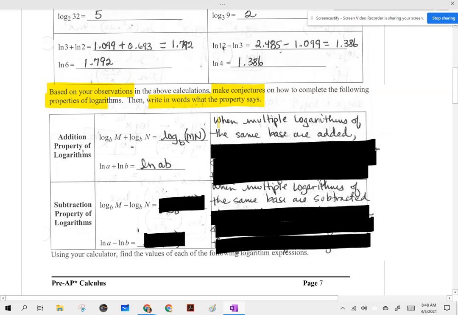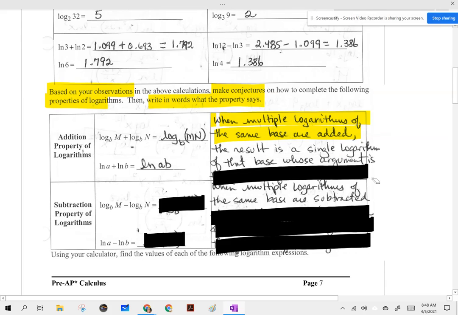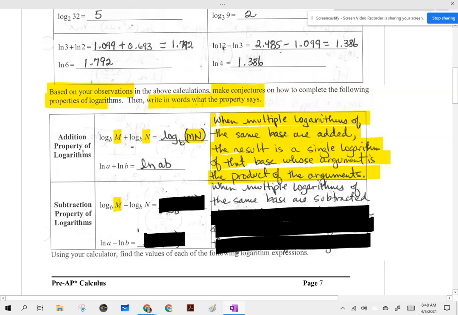So when multiple logarithms of the same base are added, the result is a single logarithm, one logarithm of the same base whose argument is the product of the arguments. So in other words, this was my original argument when I was adding them together, and now I have the product of those arguments.